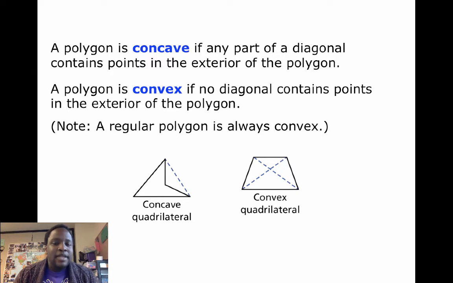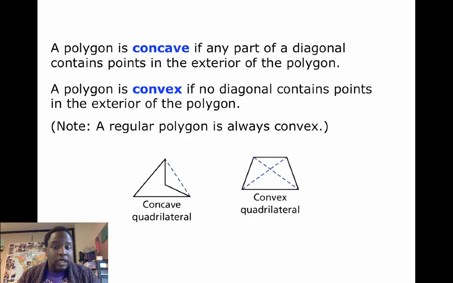Another way of thinking about it is that concave polygons make caves. Like this, I think of this kind of as like a cave or a divot while you're going around. A convex polygon is that no diagonal contains points in the exterior of the polygon. So all the diagonals made from all the vertices are within the polygon.